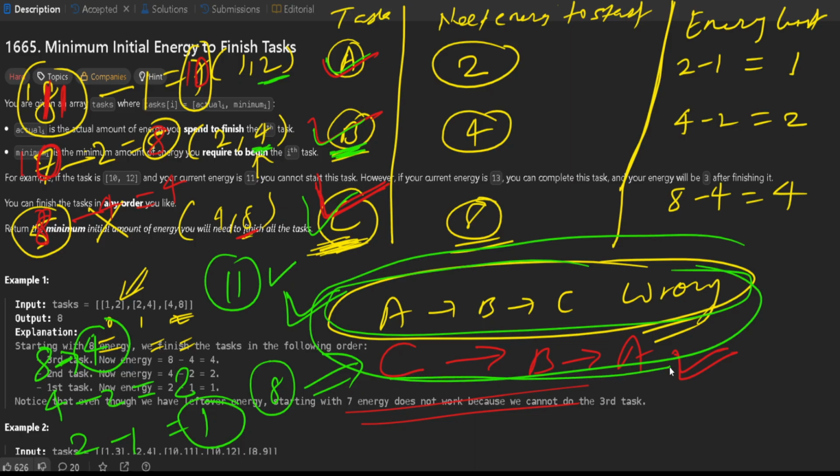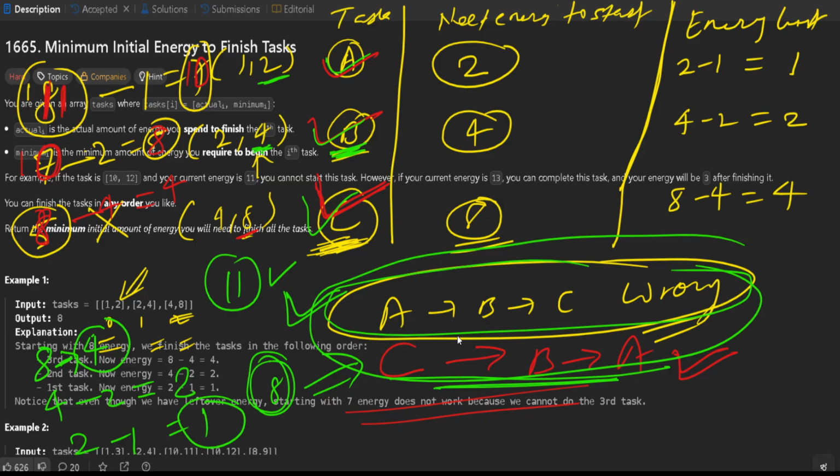When we use the right order, then we need 8. So this is the whole problem we have, right? Some tasks are dangerous, they require very high energy to start, but we should finish those early. So it becomes good for anyone who has less energy, right?